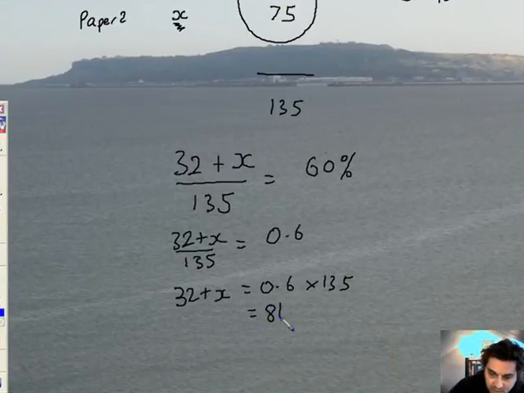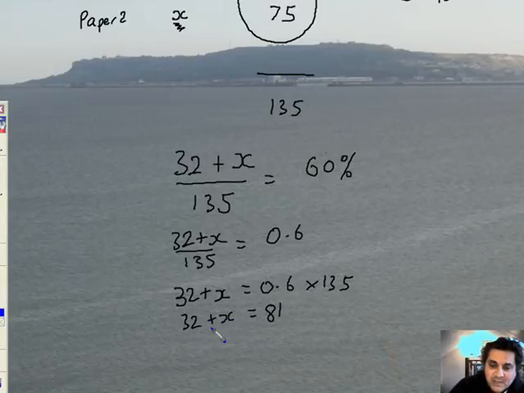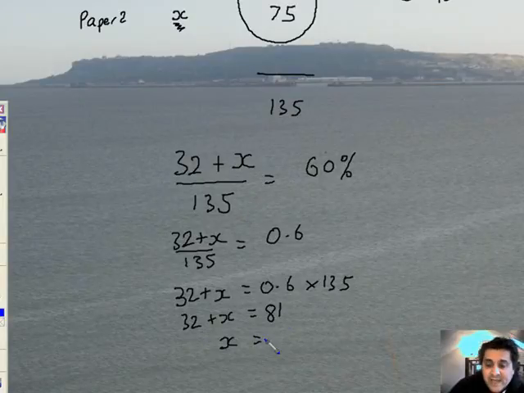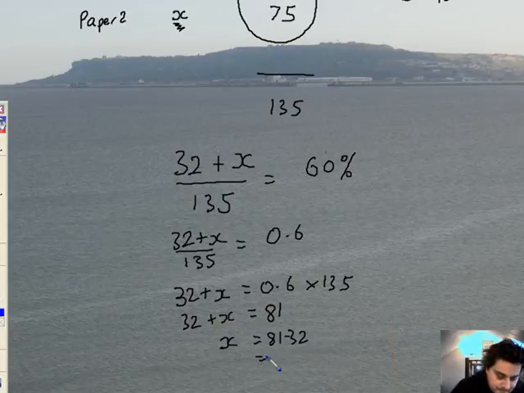So at the moment we have 32 for paper 1 plus something for paper 2, all comes to 81. So Fuller needs to get 81, take away the 32 she already has. She needs to get an extra 49 marks, and she has passed.